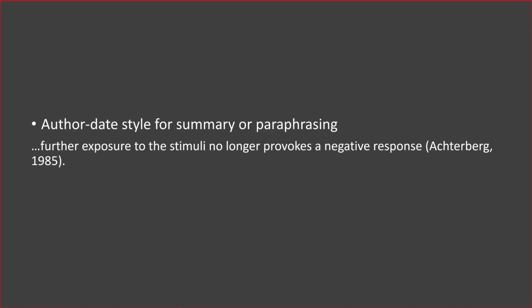Now here you'll notice we have the last name of the author, Ochterberg, 1985. So with MLA you have the author's name and then a page number. Here with APA you have the author's last name, comma, and then the publication year.